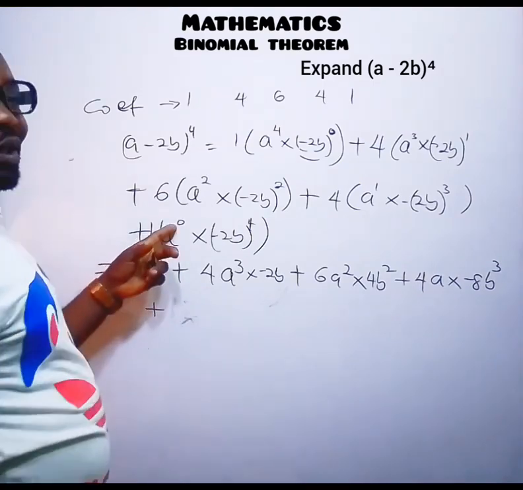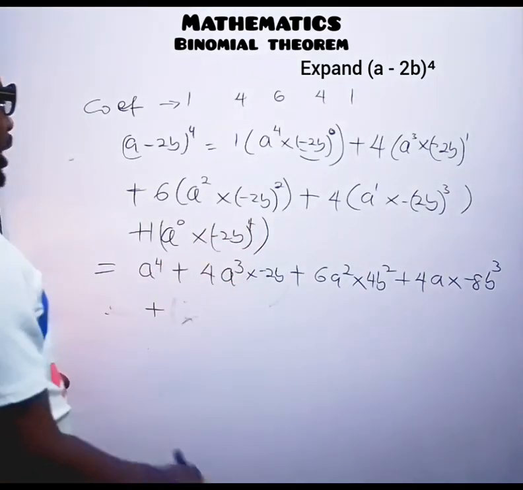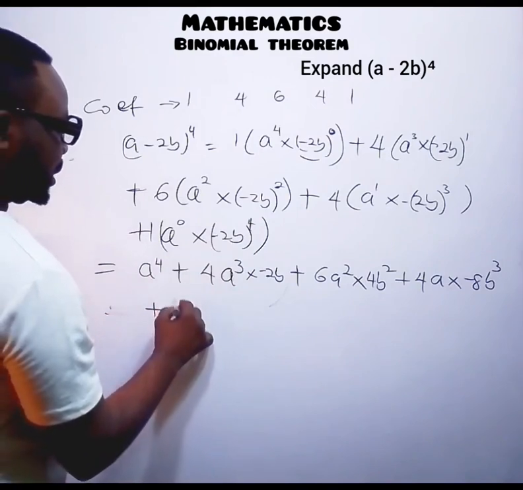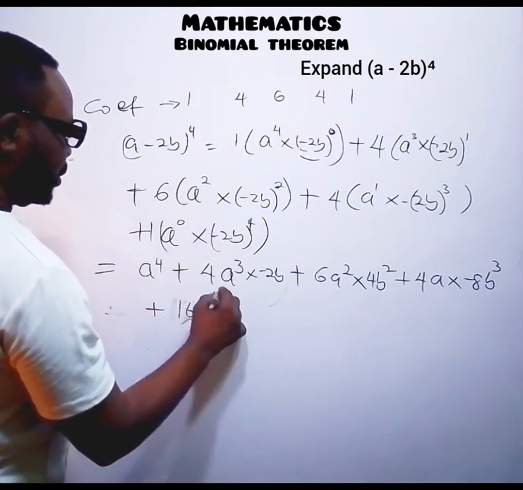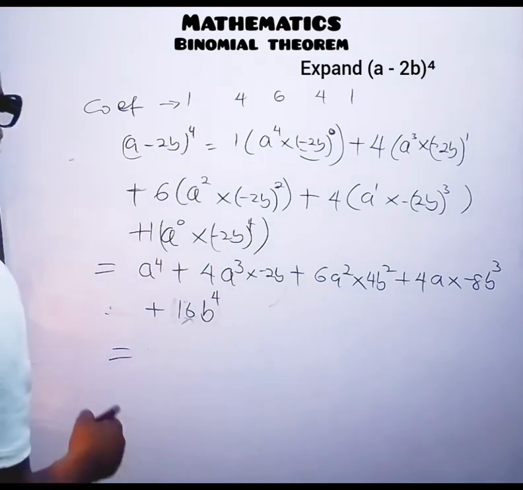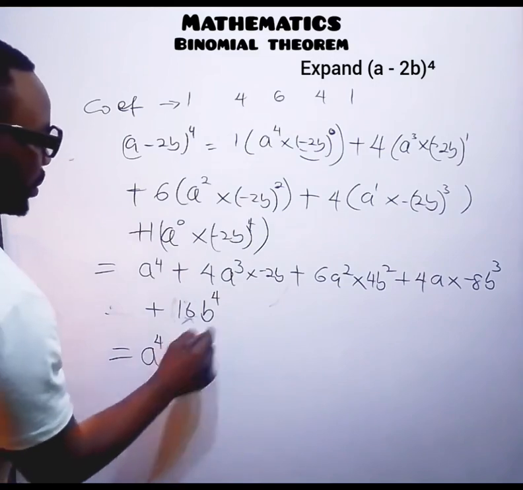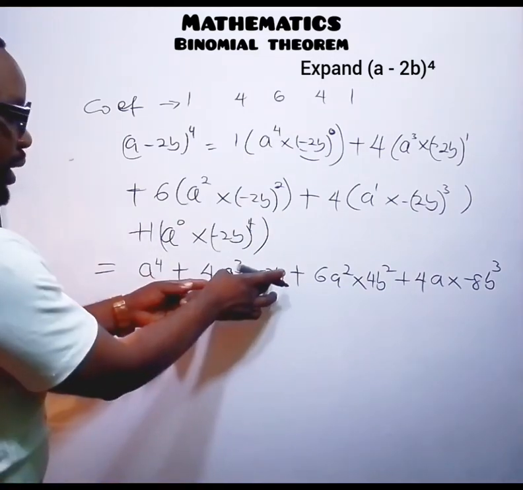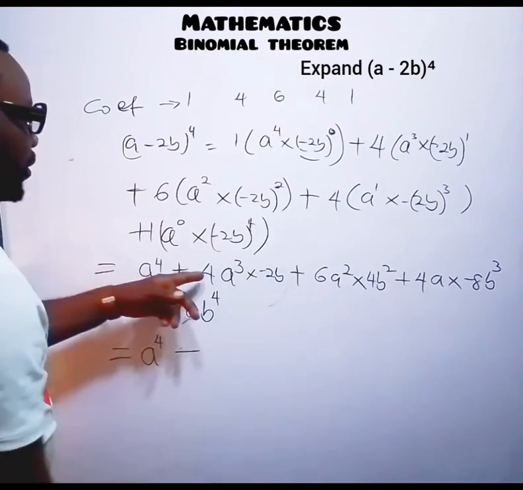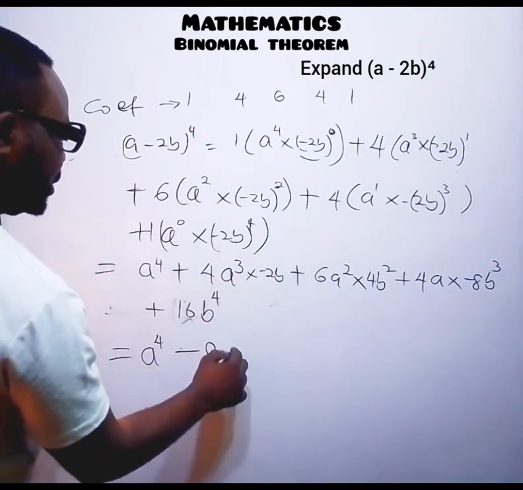A raised to the power of 0 also is 1. Then this will be what? Minus 2 raised to the power of 4. That will be equal to plus 16. That's 16b raised to the power of 4. Which now the final answer will be given to us as a raised to the power of 4. Now this is the negative value here. Minus times plus, we are having minus 4 times 2. That will be what? 8a raised to the power of 3 b.